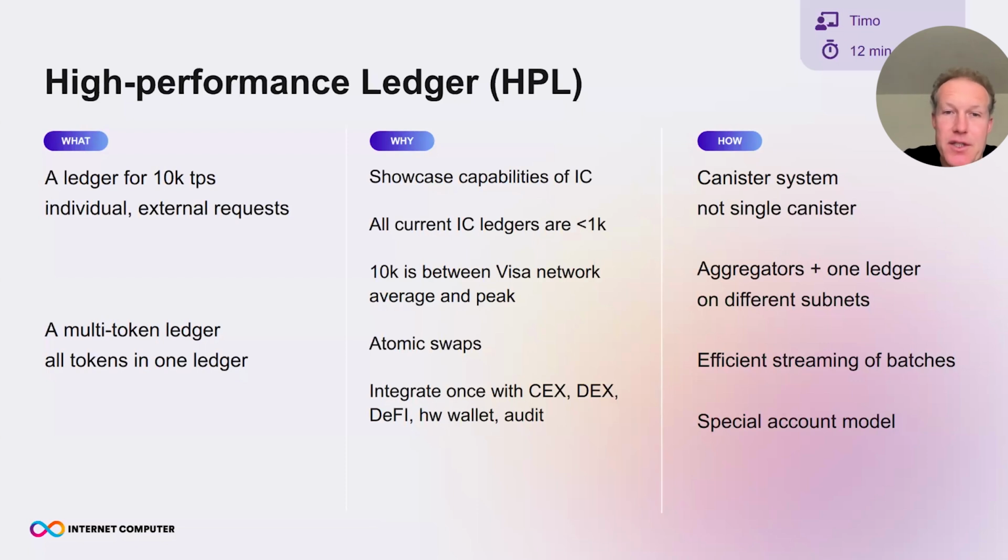As a multi-token ledger, the HPL can also offer things like atomic swaps, and of course has an advantage because if you integrate it with something or audit the code, then you've essentially done it once for all the tokens that are hosted on it. We achieve it by moving from a single canister design to a canister system, which consists of multiple aggregators and one ledger who all live on different subnets.